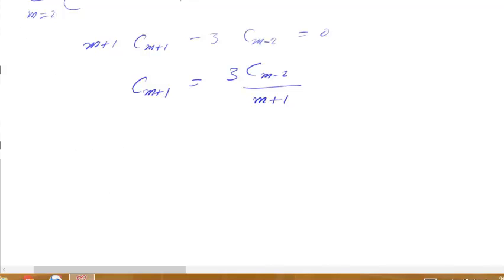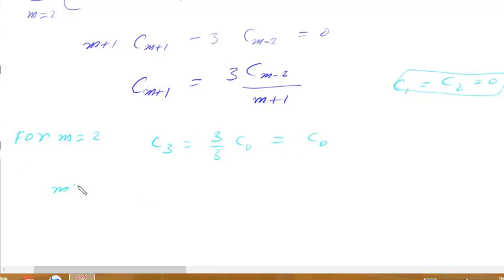Then for m is equal to 2, because c1 and c2 are equal to 0, then c3 is equal to 3 divided by 3 c naught, which is equal to c naught.